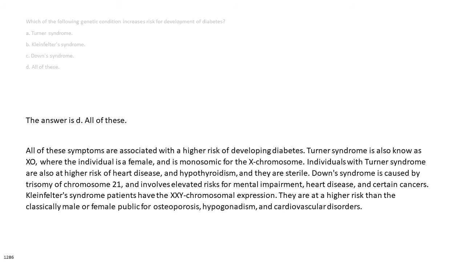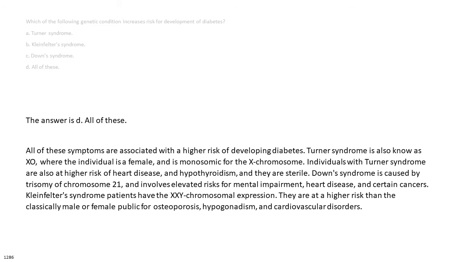All of these conditions are associated with a higher risk of developing diabetes. Turner syndrome is also known as XO, where the individual is a female and is monosomic for the X chromosome. Individuals with Turner syndrome are also at higher risk of heart disease and hypothyroidism, and they are sterile.